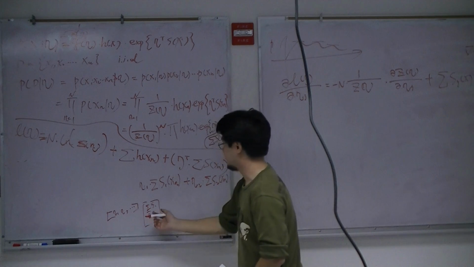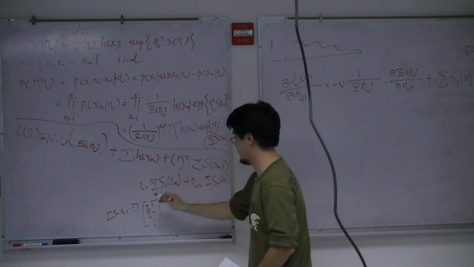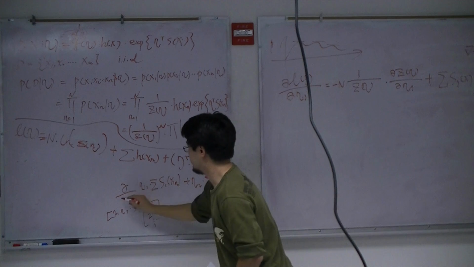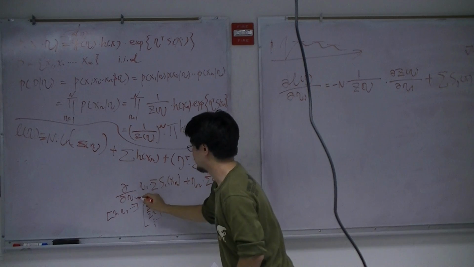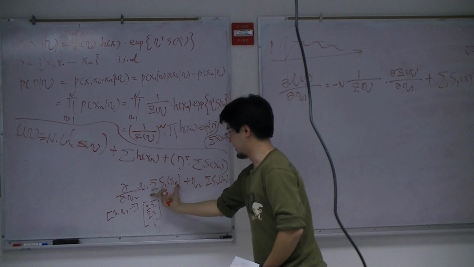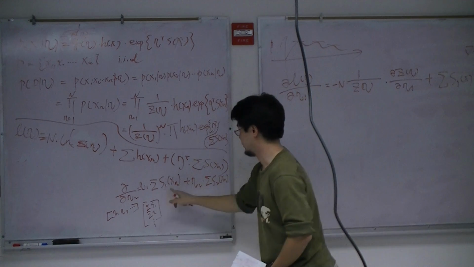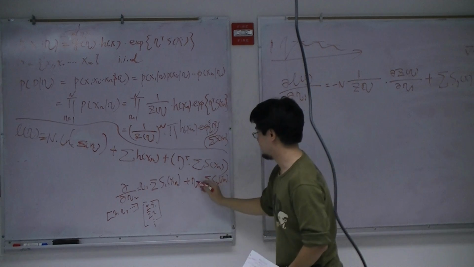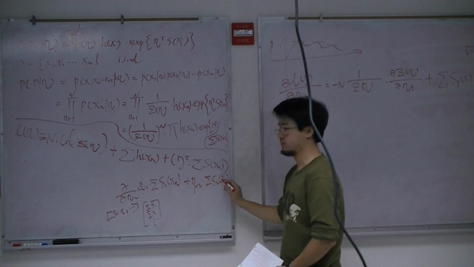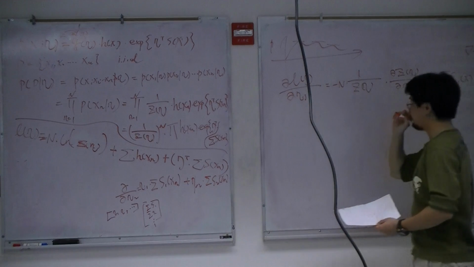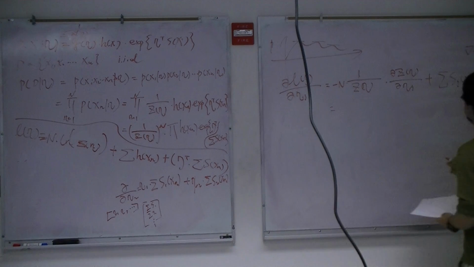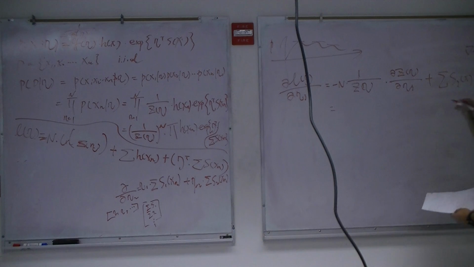So the inner product is like this, and then we take the partial derivative with respect to beta 2. This term is 0 because it has no beta 2, and for this term, beta 2 takes the derivative, it becomes 1 times this. And this is the interesting part.